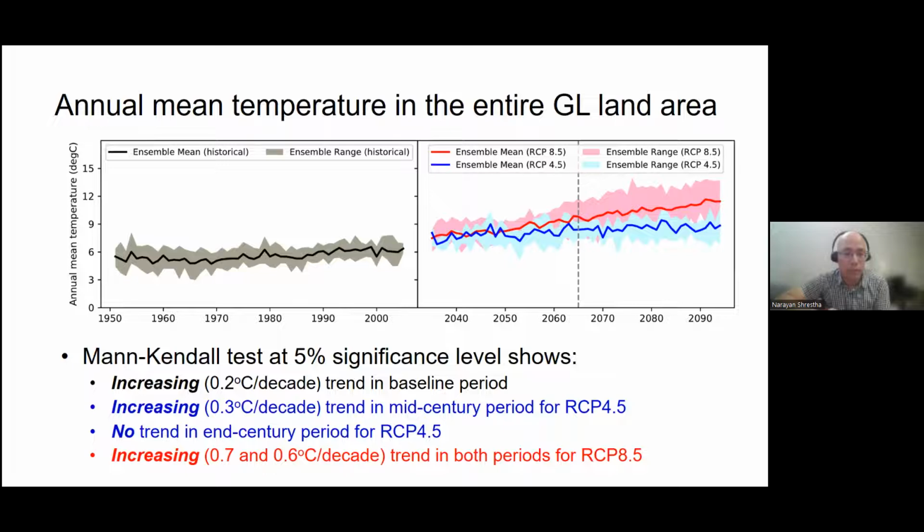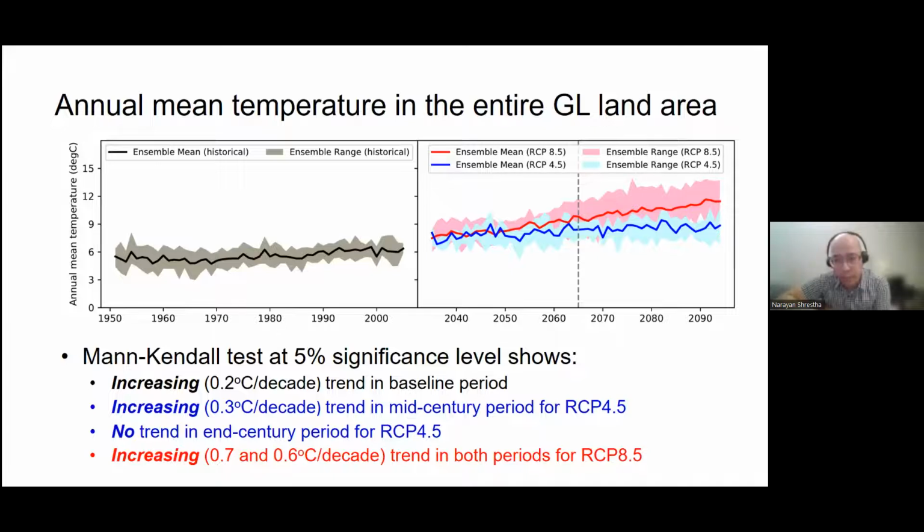At the 5% significance level, the mean temperature was already increasing at the rate of 0.2 degrees per decade, which will almost be present for RCP 4.5 in the mid-century period, the blue line. But there would be no increment, at least no significant increment, in annual mean temperature in RCP 4.5 in the end-of-century period, which is kind of expected because we have seen in previous presentations as well that the carbon sequestration will be almost constant in the end-of-century period for RCP 4.5.